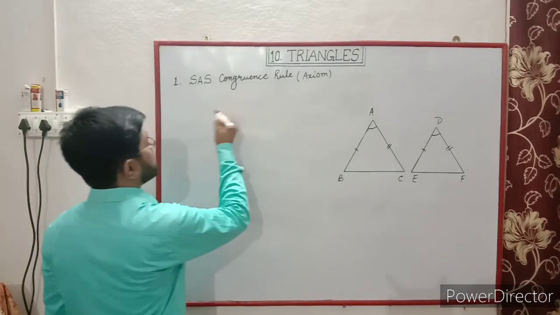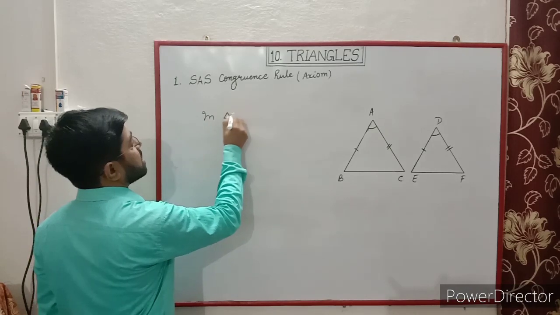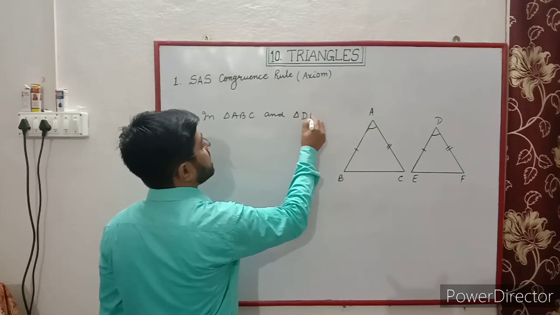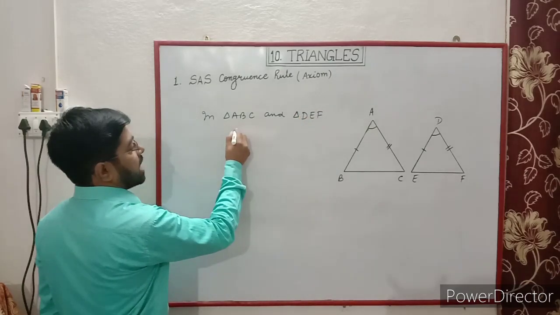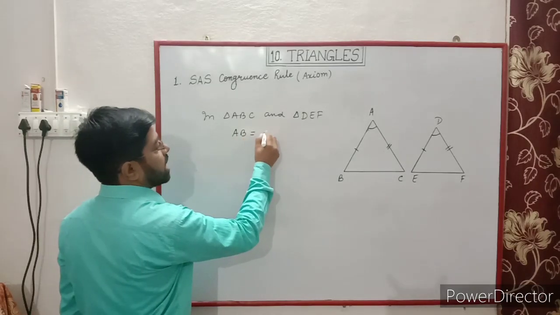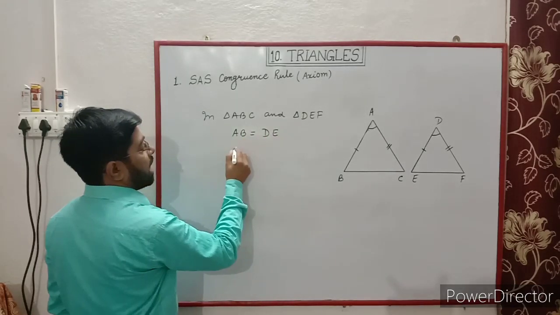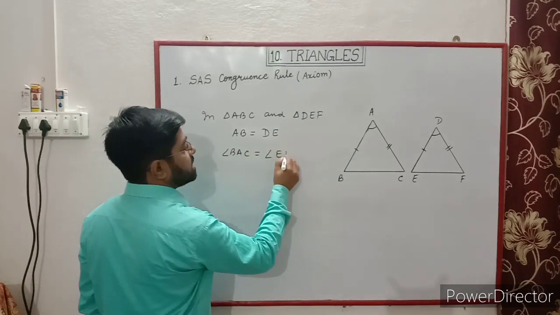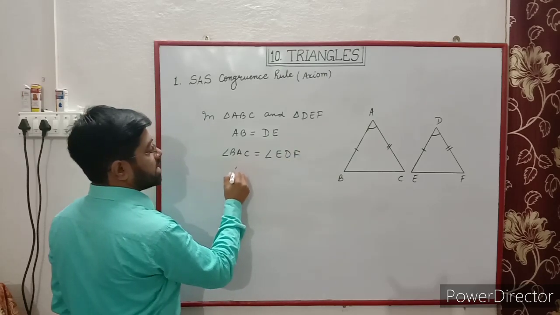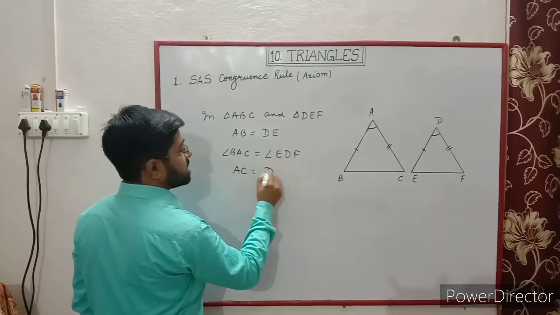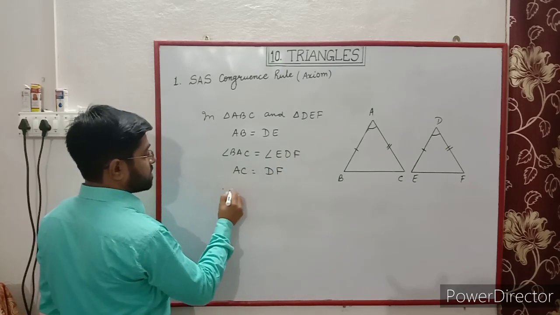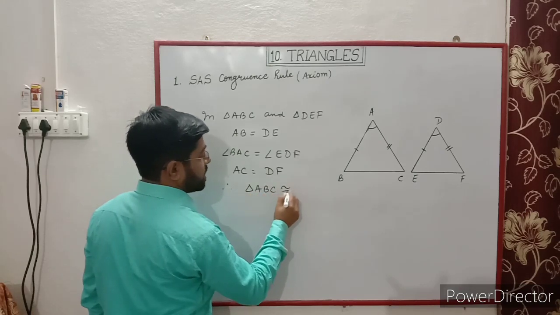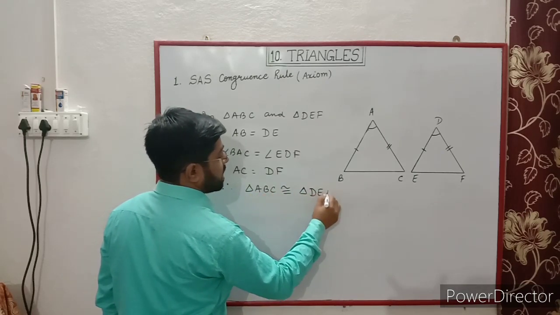See, from the given figure, in triangle ABC and triangle DEF, side AB is equal to side DE, angle BAC is equal to angle EDF, and side AC is equal to side DF. Therefore triangle ABC is congruent to triangle DEF.